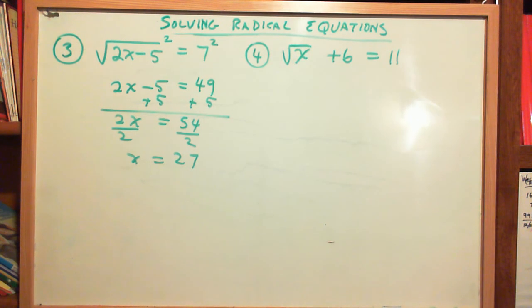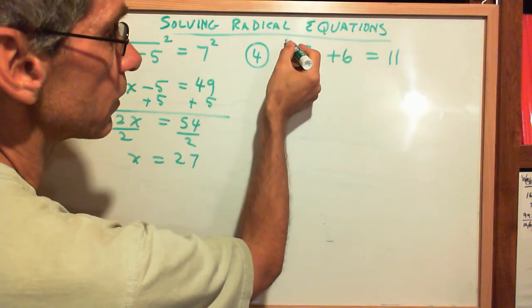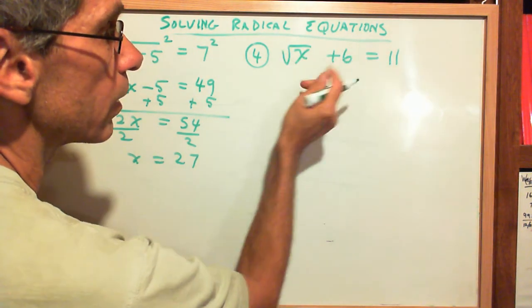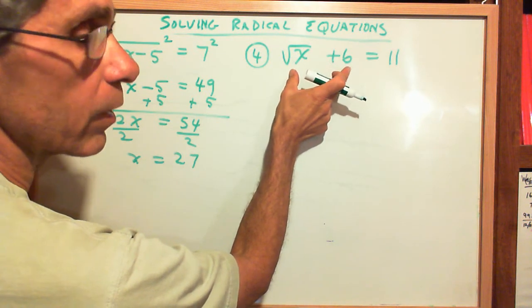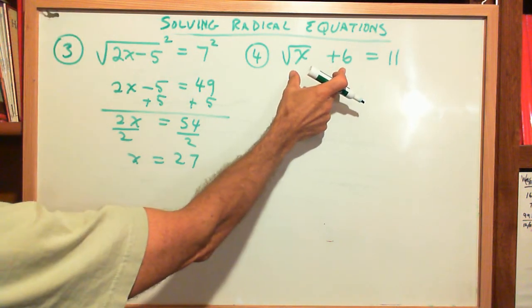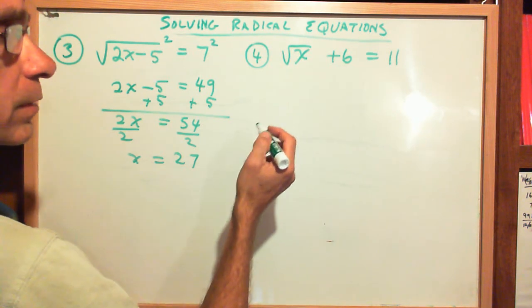Now, if I squared both sides right now, I'd have an absolute mess, because I'd put a parenthesis here and a parenthesis here, and I'd put a square, and I would have a binomial. And squaring binomials means I'm going to have to use FOIL. That would be a mess.